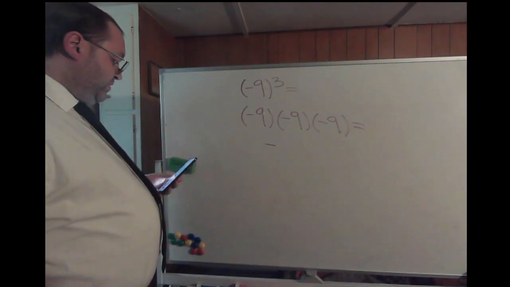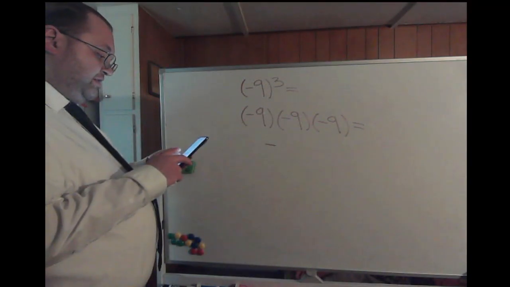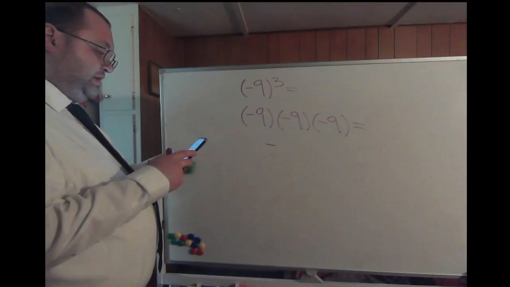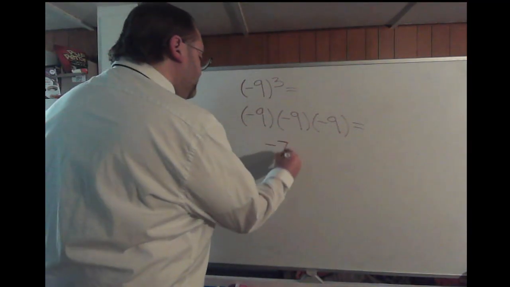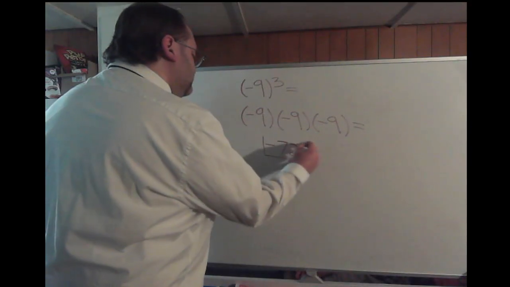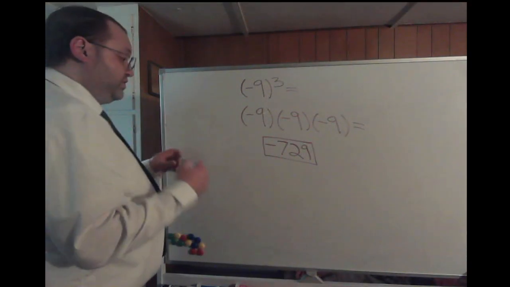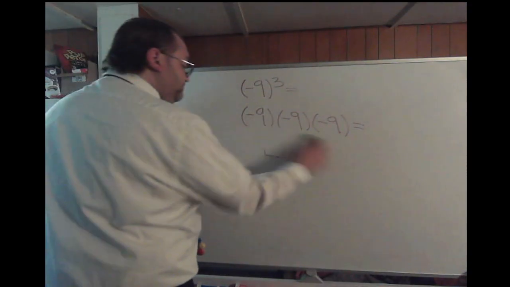But it's to an odd power, so we're going to get a negative number. So let's now figure out what the answer is going to be. It would be negative 729. If you multiply all that by itself, you'll get negative 729 for the answer.